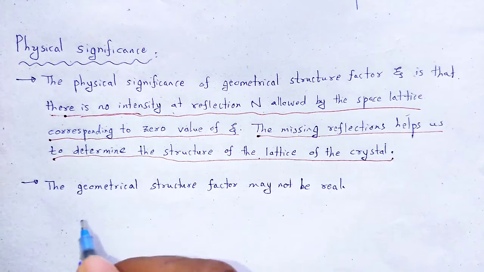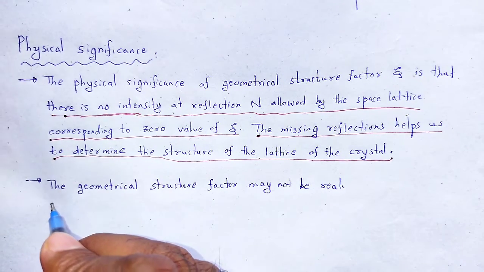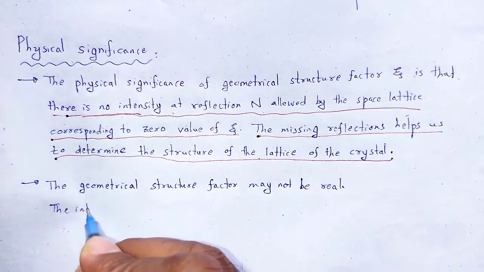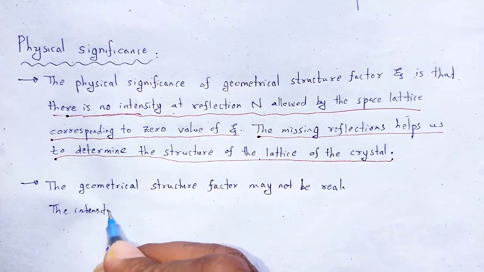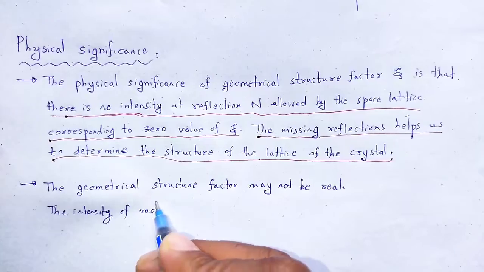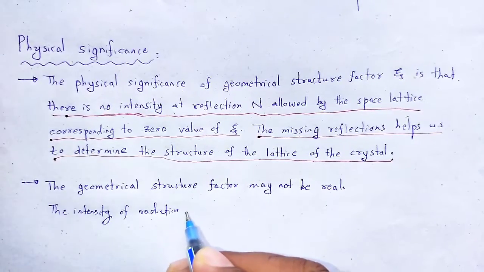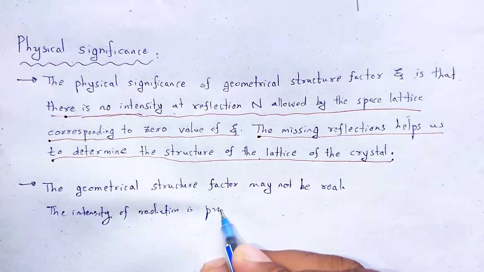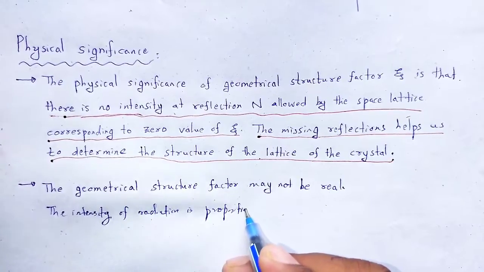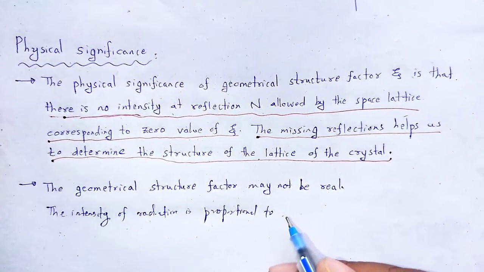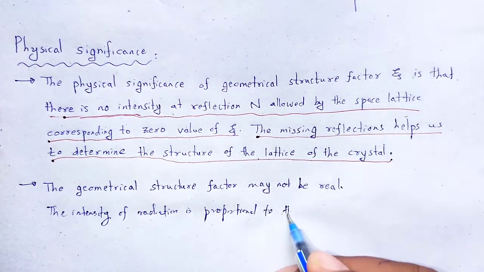Therefore, the intensity of radiation is proportional to the square of its amplitude.